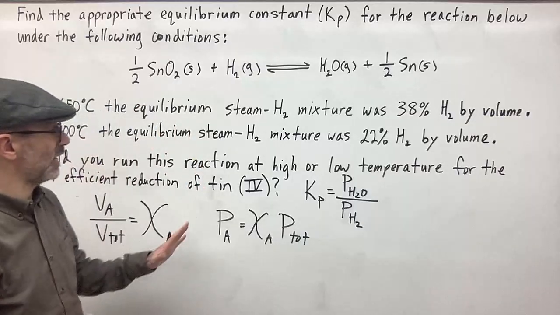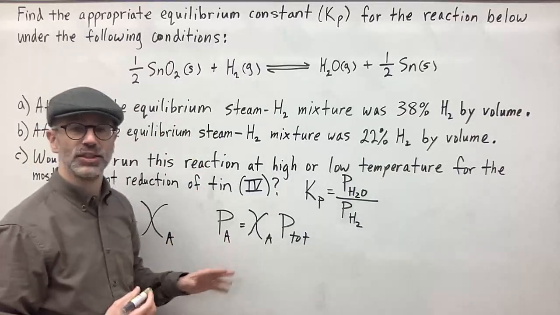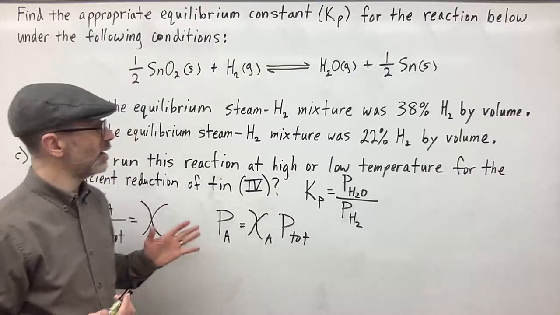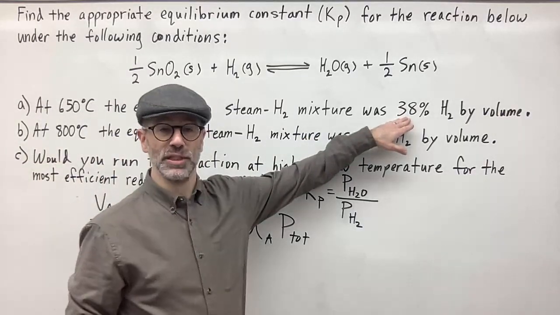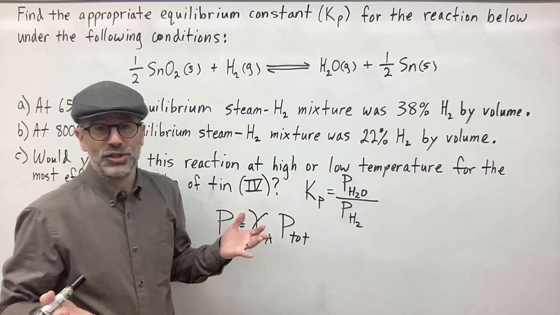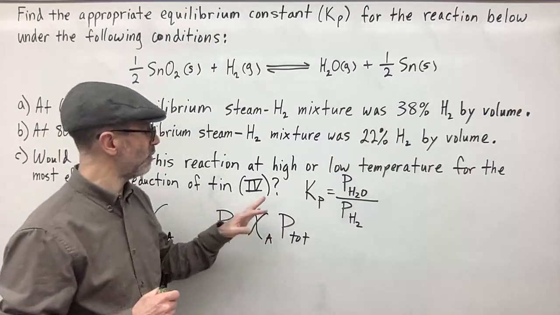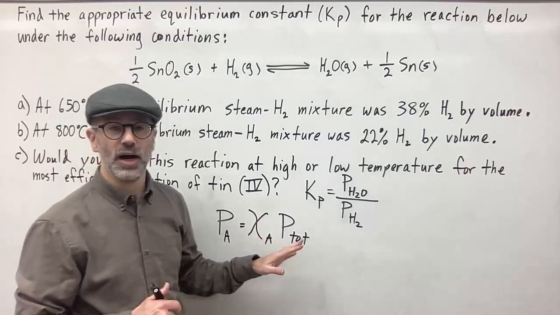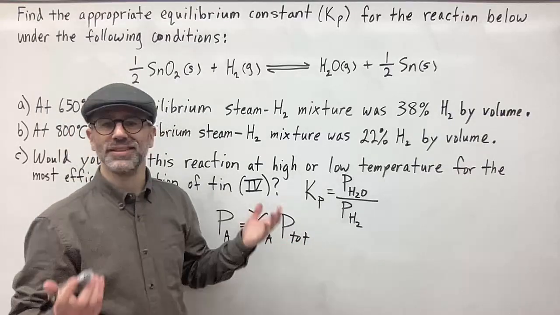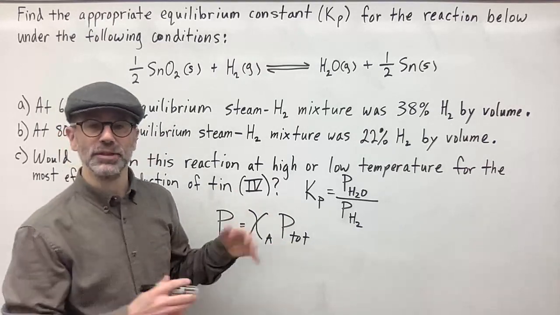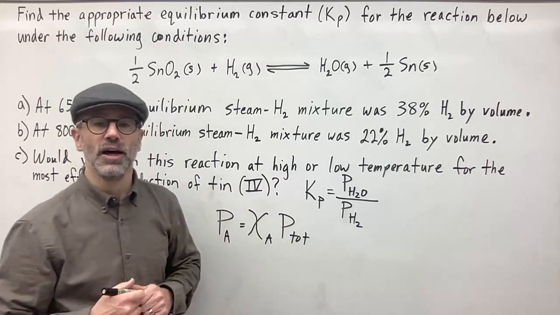Now, notice they didn't tell us what the total pressure of the gases are. Well, I can assume any pressure I want because we're working with percentages. So I can assume 30 atmospheres, 29 atmospheres, whatever the pressure is.